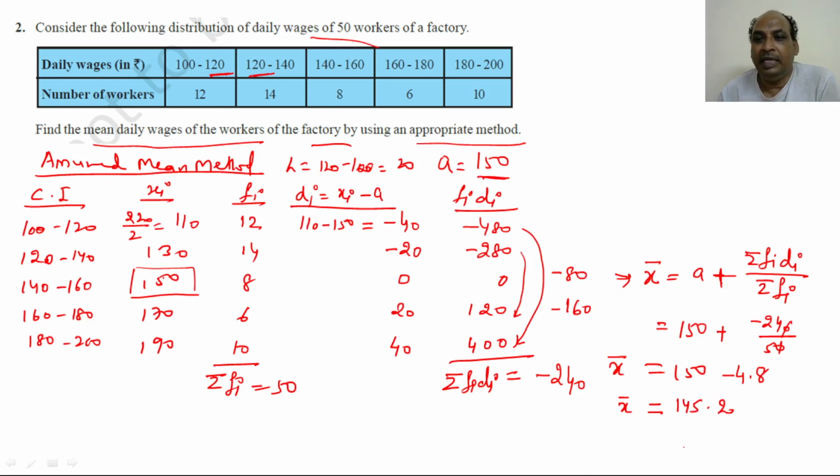So the mean daily wages of the workers is rupees 145.20, means 20 paise. This is the mean daily wages of the workers of the factory. So this method is called assumed mean method.